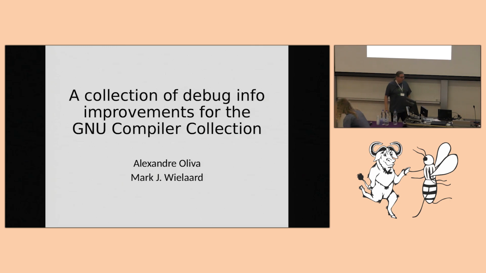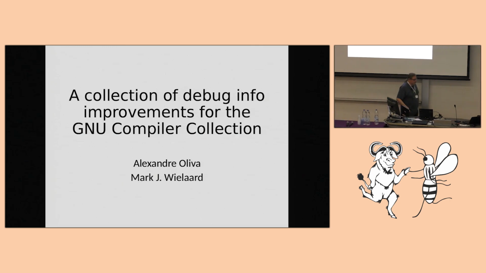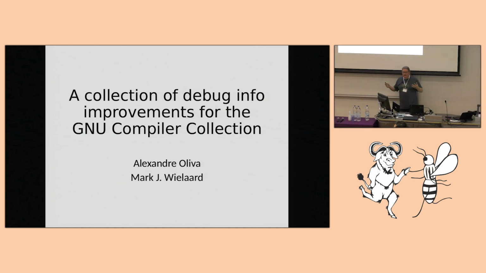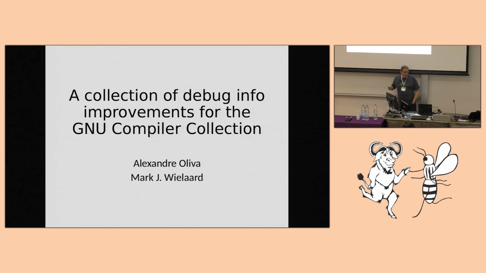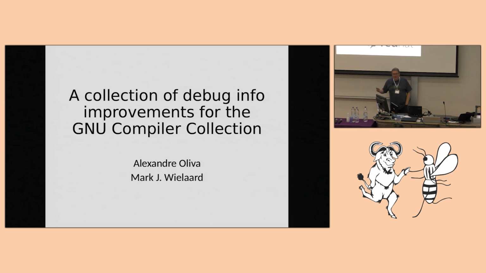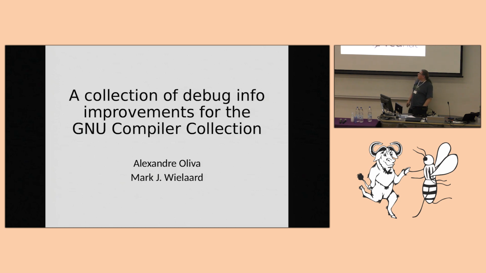So Alex actually works on GCC and I kind of use the output. I do try to submit patches if I find something that doesn't look right. So for DWARF, I work on elfutils.